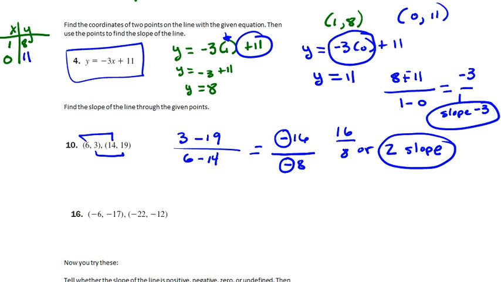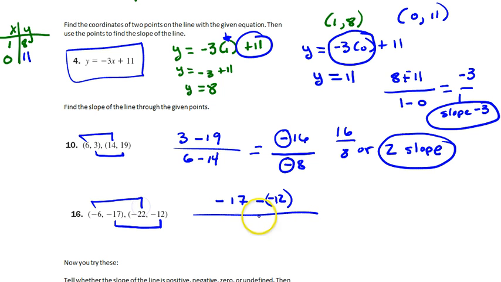Let's do one more. Right, again I'm going to find the difference between my y coordinates. So negative 17 minus negative 12 over the difference between my x coordinates, negative 6 minus a negative 22.